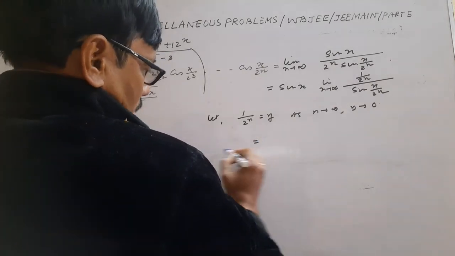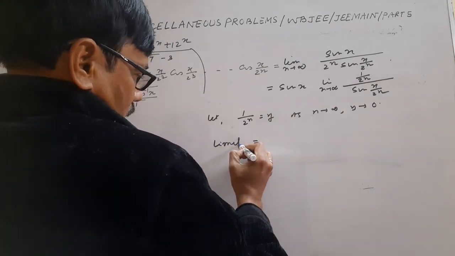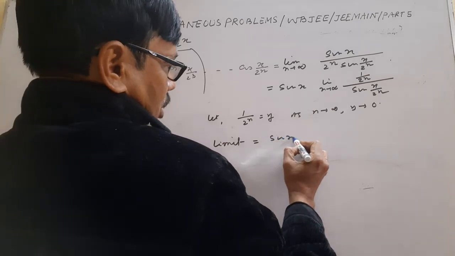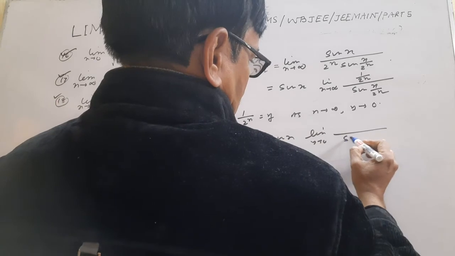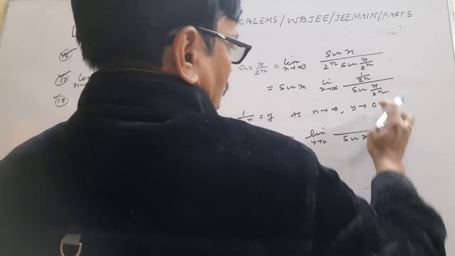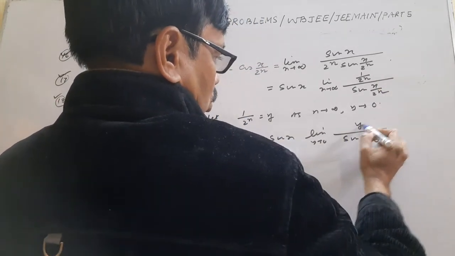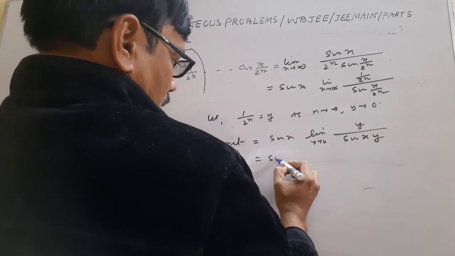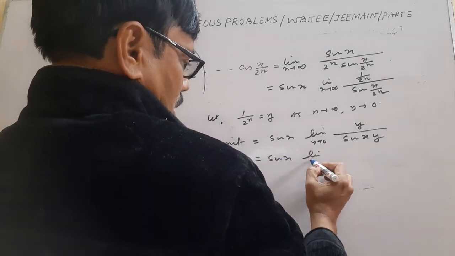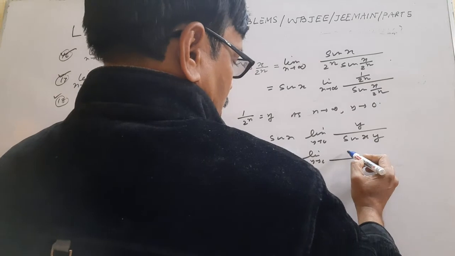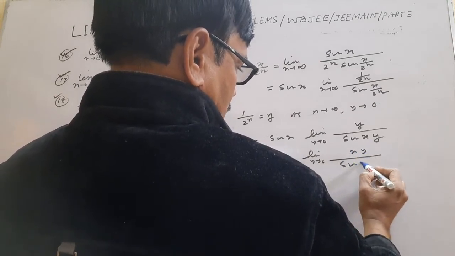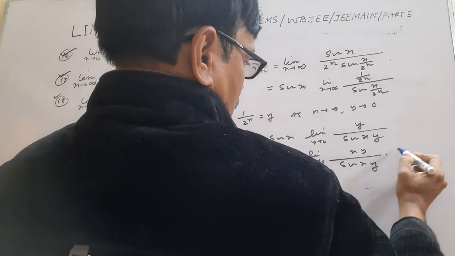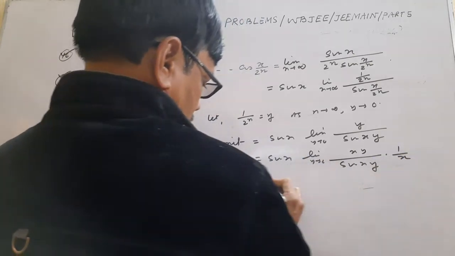So what is the limit? sin x is unchanged, and as y tends to 0, we have sin x times xy by sin xy, which is balanced by 1 by x.